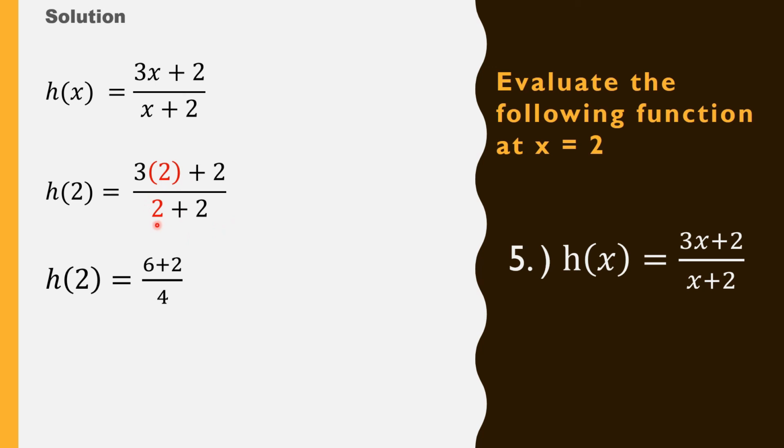Copy plus 2. Then 2 plus 2 is 4. Okay. Next, we have h of 2 equals, so 6 plus 2 is 8 over 4. Or your h of 2 equals 2. 8 divided by 4 is 2. So the final answer is 2.